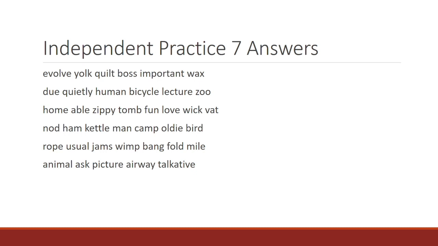The fourth line is nod, ham, kettle, man, camp, oldie, bird. The fifth line of answers are rope, usual, jams, wimp, bang, fold, mile. And the last line is animal, ask, picture, airway, talkative.